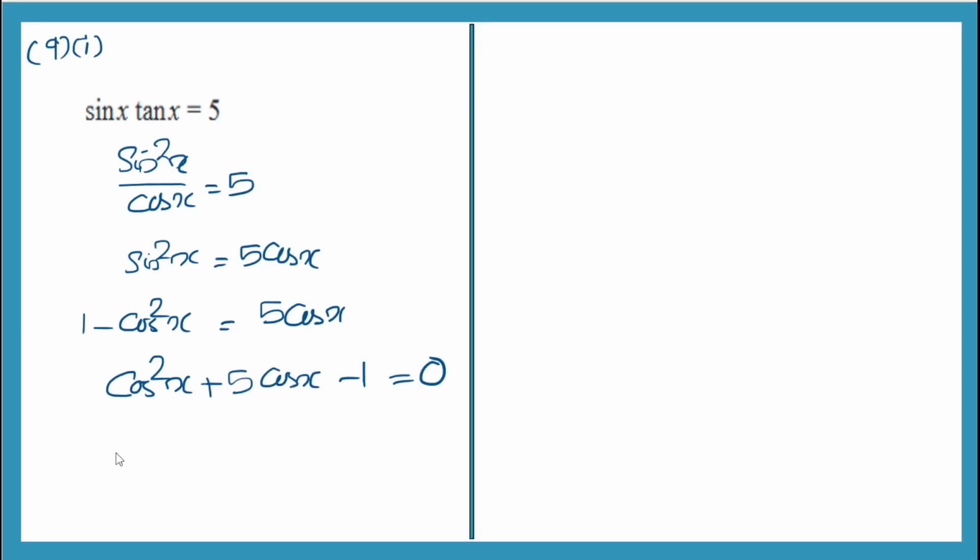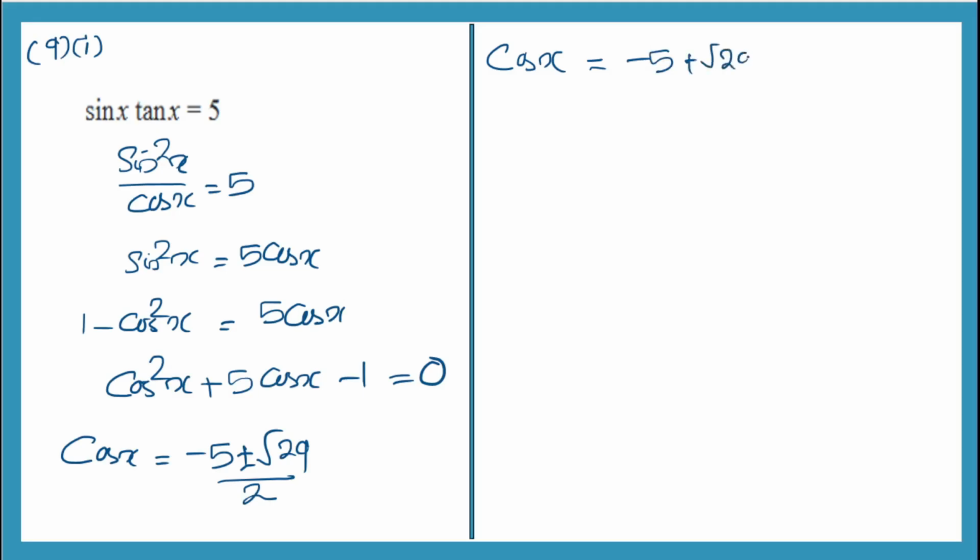Now solve by using the quadratic formula. Cos x equals minus 5 plus or minus root 29 by 2. We got one value of cos x as minus 5 plus root 29 by 2. Next value as minus 5 minus root 29 by 2.